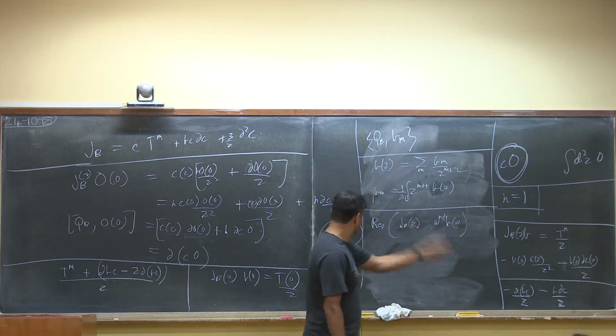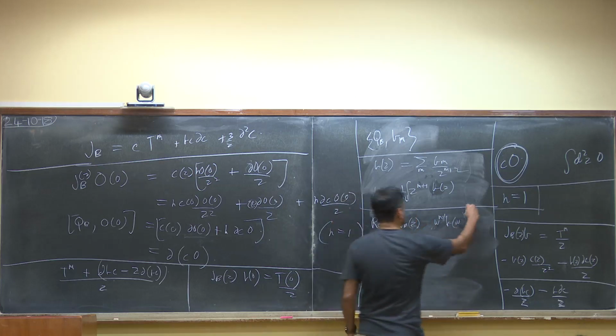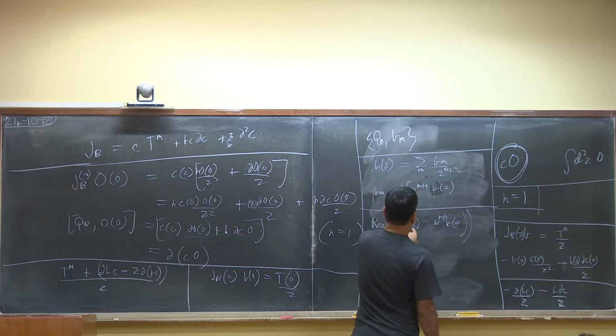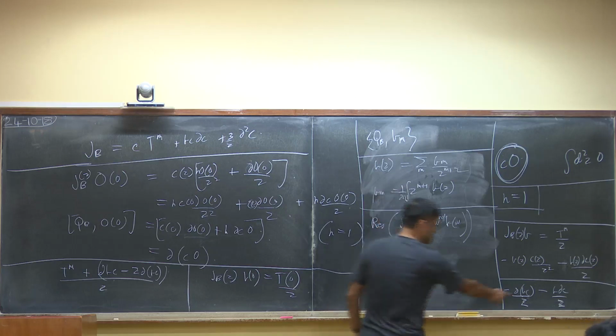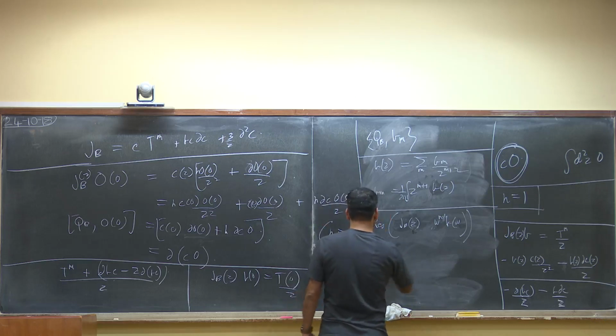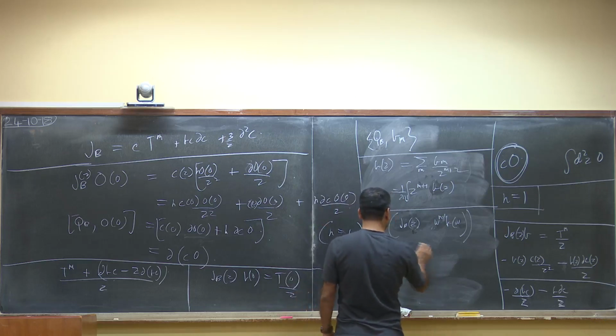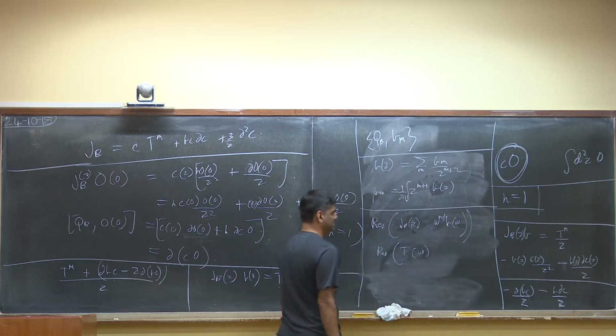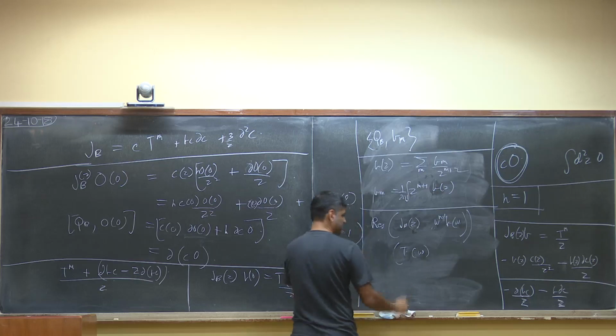The factor in Z is just plain Z, so we just want to pick up the pole. So we get the residue of T of Z, T of W. The residue is just T.